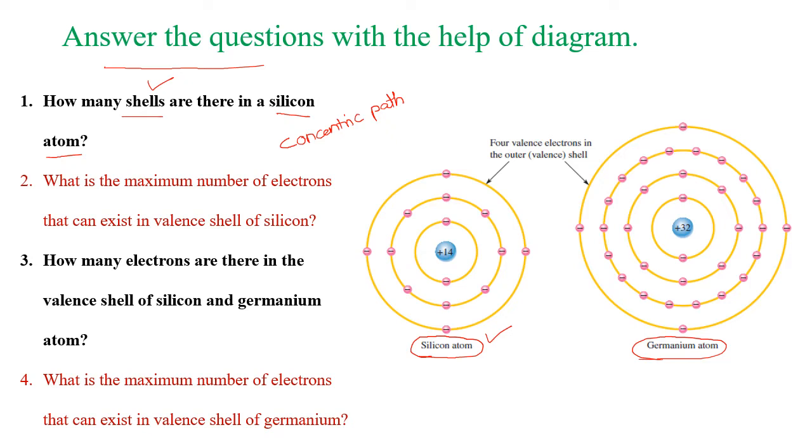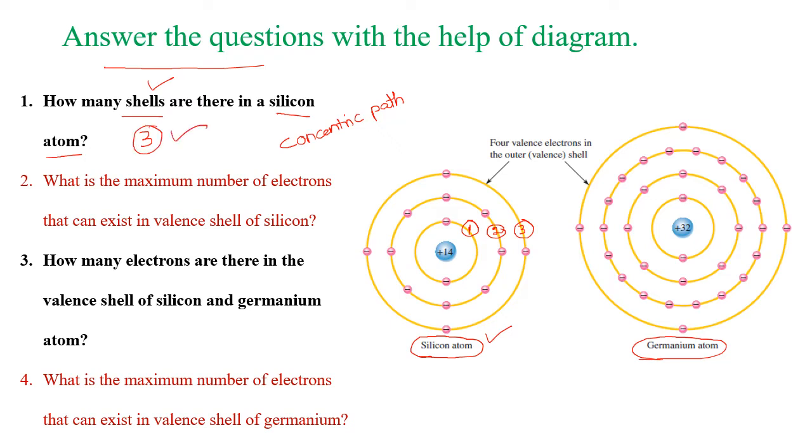So this is shell number 1, because there are some electrons which revolve around the nucleus in a concentric path. Here there are more electrons which revolve around the nucleus at a certain distance in a concentric path. So this is shell number 2 and this is shell number 3. So for silicon, the number of shells is 3.